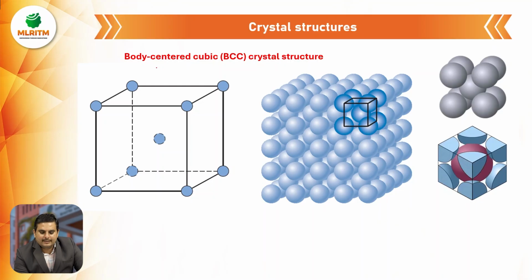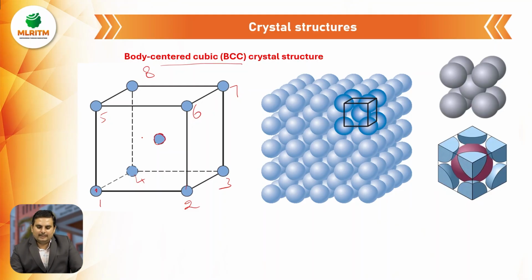Next one is the body-centered cubic crystal structure. It means there are 8 atoms at the 8 corners of the cube, 1, 2, 3, 4, 5, 6, 7, 8, and there is a central atom in between.